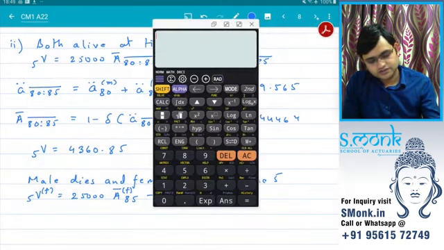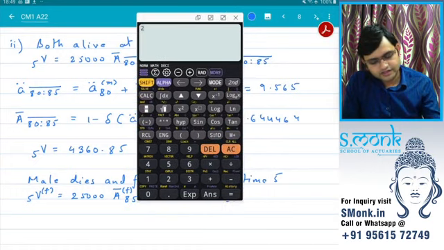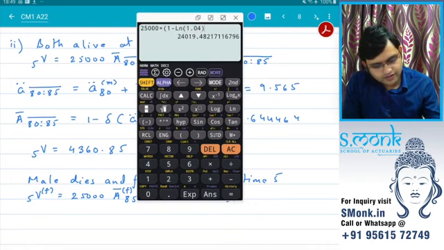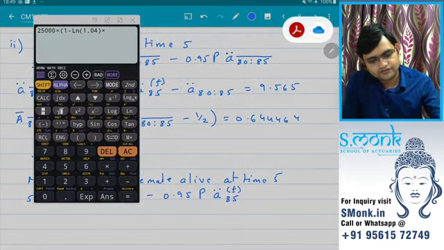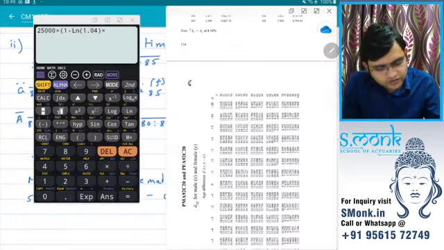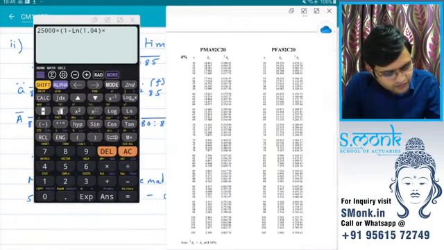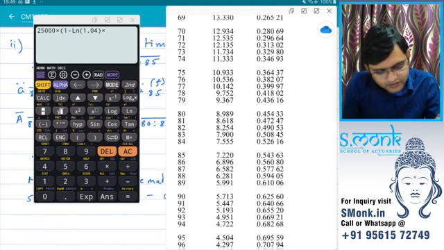So I'll just directly write this equation. I'll have 25,000 into 1 minus log of 1.04 into whatever was the ADU 85 female. Let's look up ADU 85 female minus half, right?